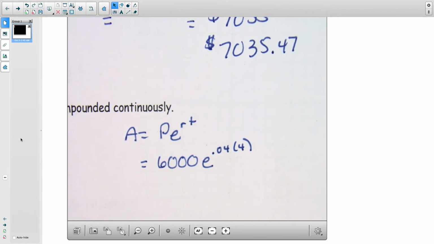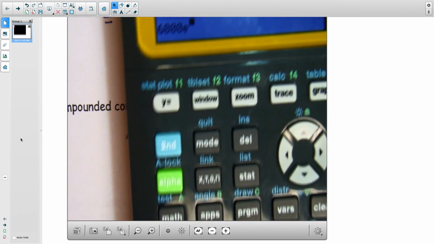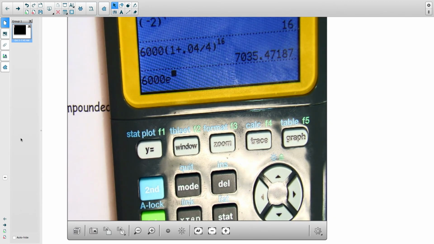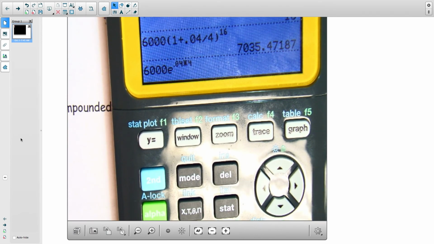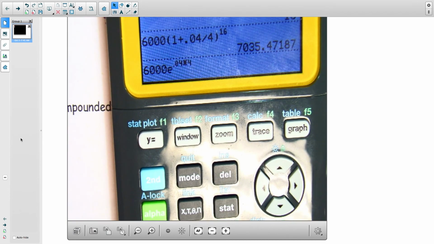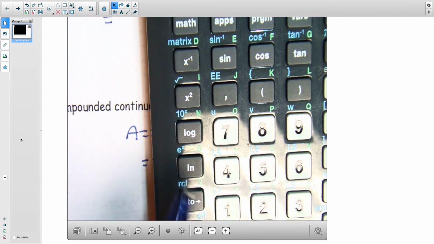It's second, natural log. Use the natural log one. Second natural log. So 6,000, if you use second natural log, it automatically puts that power there, and it's 0.04 times 4. Natural log's over on the left, right down here.